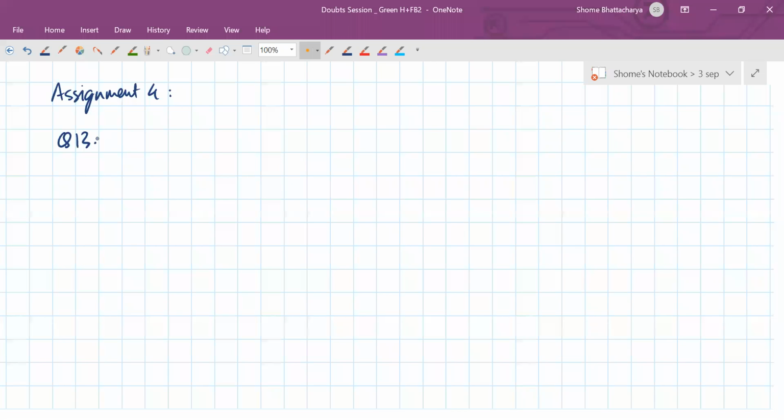So assignment 4 question number 13 is about the hexagon. So basically the method I told you is that you draw the hexagon and convert the given vectors into component form. And the easy way to draw the vectors would be like this: that you draw the hexagon such that one of the sides of the hexagon is lying along the horizontal.